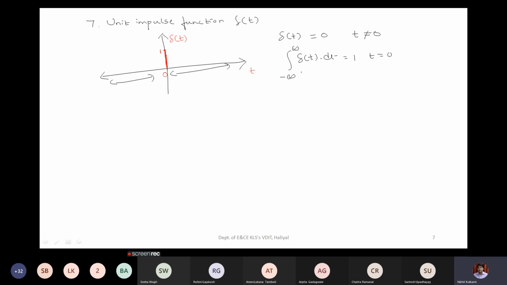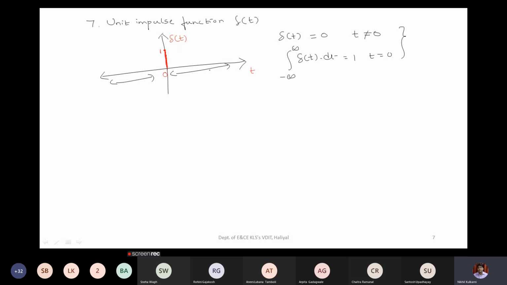So if you integrate, what will you get? Delta of t, we can take it as a constant outside, so this will be cancelled out, and you will be left with delta of t. If you put t equal to 0, at 0 it will be 1. So this is the standard definition. Are you all following this?